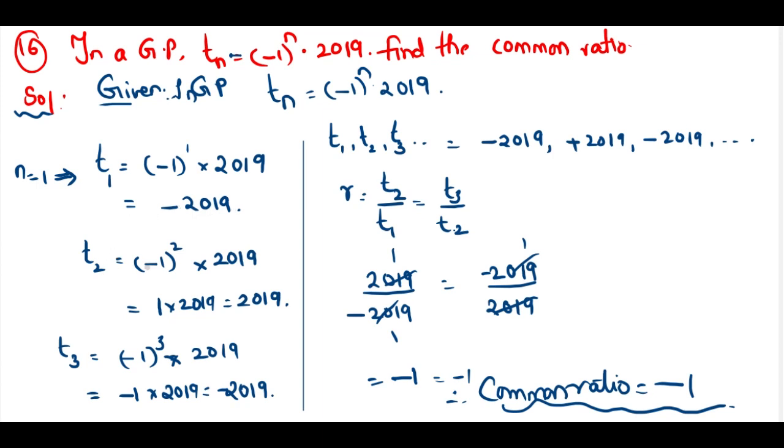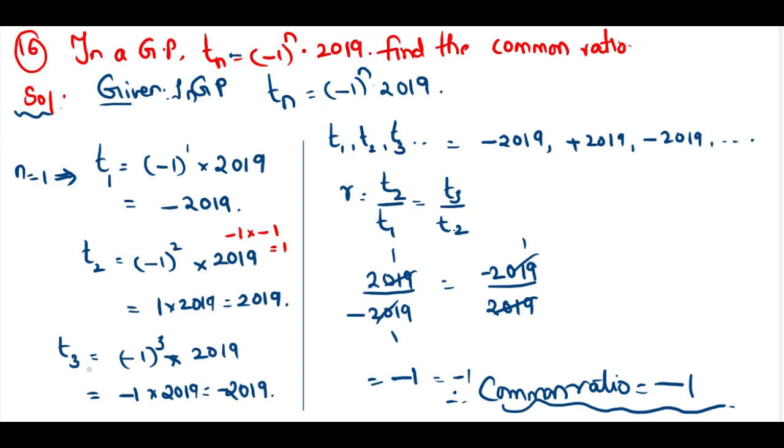Then T2 equals minus 1, we are just substituting the value of n in this nth term, to the power of, now n is 2, into 2019. When you have minus 1 whole square, that is minus 1 into minus 1, minus into minus will give us plus, 1 into 1 will give 1. So, 1 into 2019 will give us 2019.